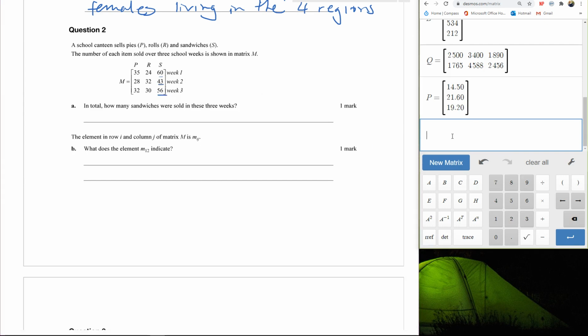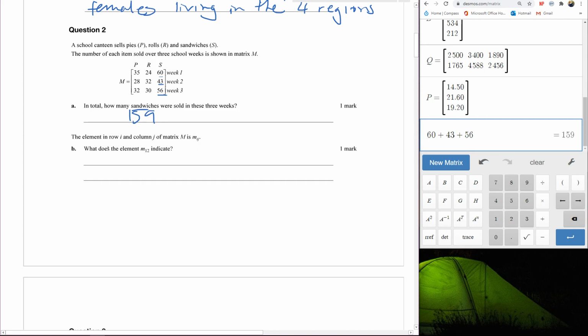So 60 plus 40 plus 56 equals 159. So over the 3-week period, 159 sandwiches were sold.